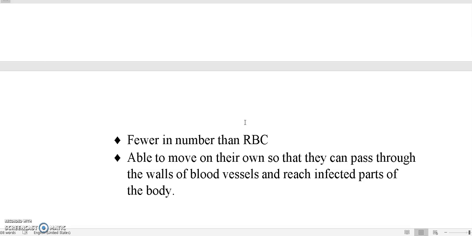So these WBC need to transfer themselves, okay, they need to go to the infected part of the body, and that's why they should be able to move on their own, right? So WBCs are able to move on their own so that they can pass through the walls of the blood vessels and reach infected parts of the body. So this is the main function of WBC and the features of WBC.